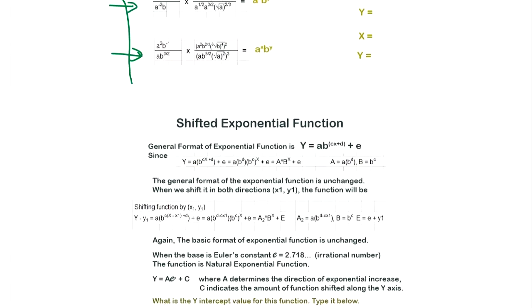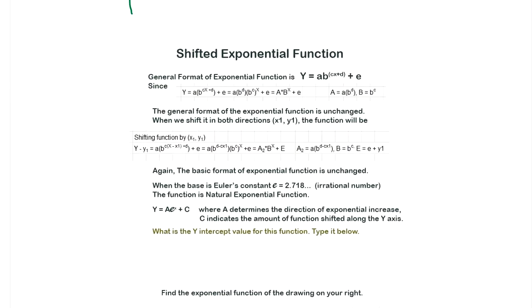Now, when you shift an exponential function, what happens? Do you remember shift is like y shift and x shift? Now, this is y shift, right? So the intercept changes. How much? It used to be that the intercept was 1, or depending on a.